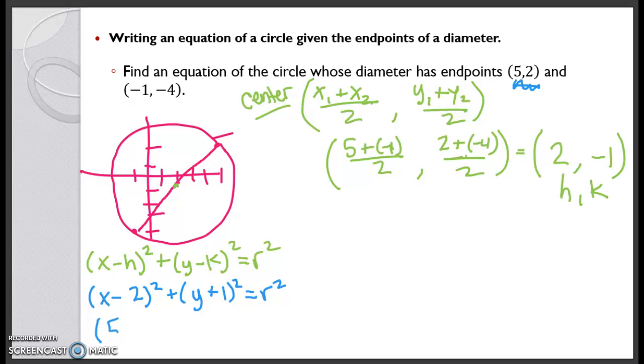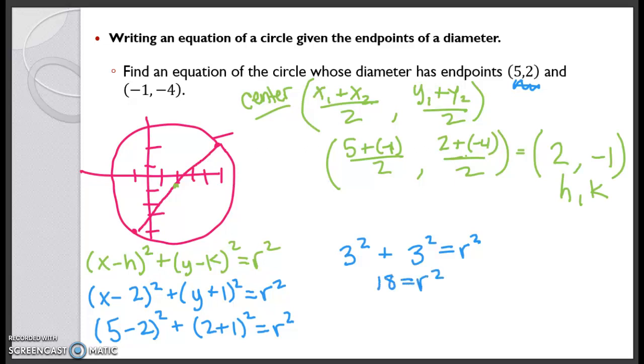So x is 5, y is 2, so I get 3 squared plus 3 squared equals r squared, which is 9 plus 9, so 18 equals r squared.